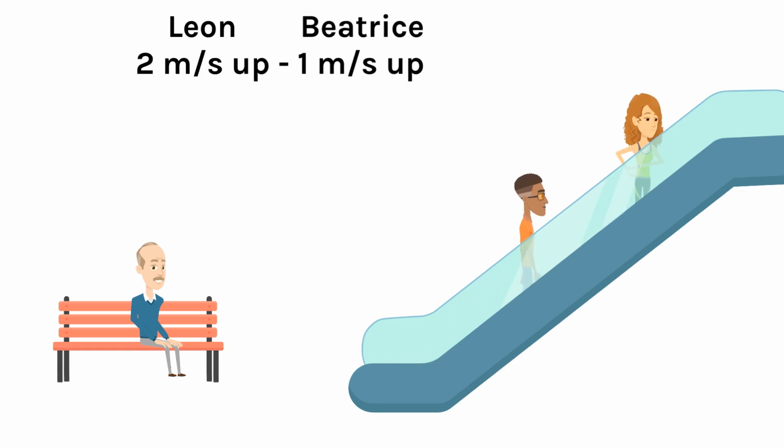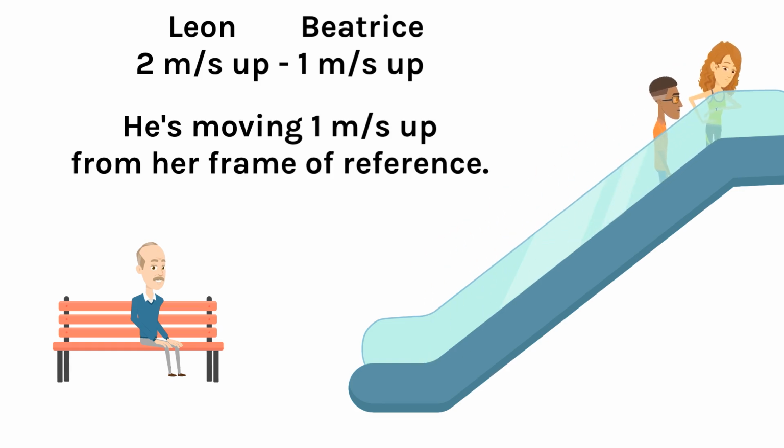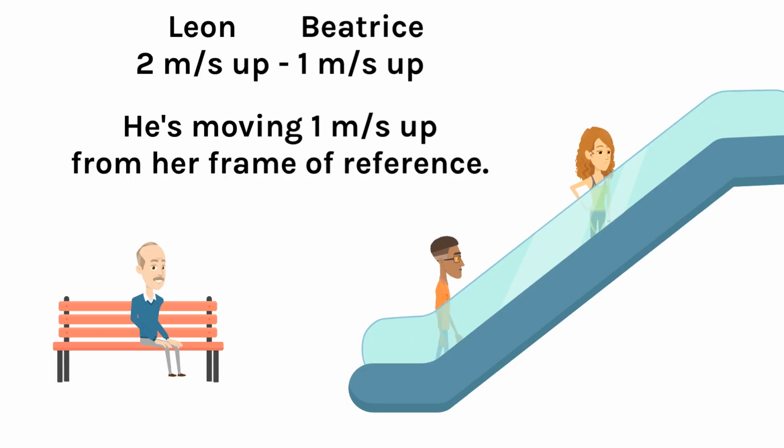With Leon moving 2 meters per second up and Beatrice moving 1 meter per second up, he's moving 1 meter per second up from her frame of reference.